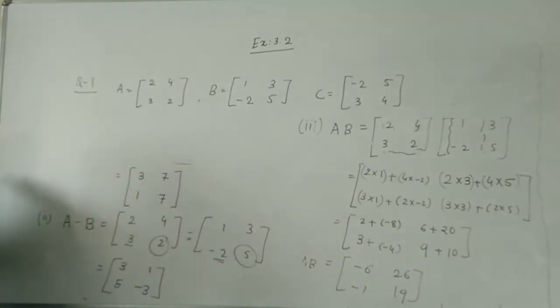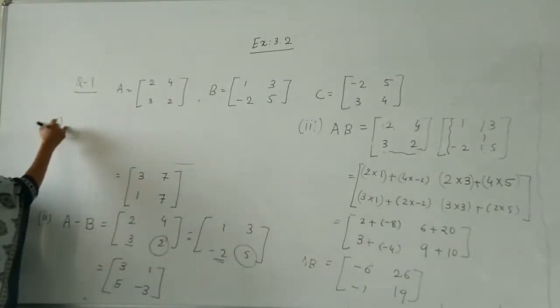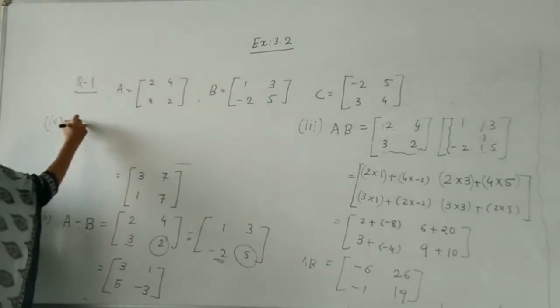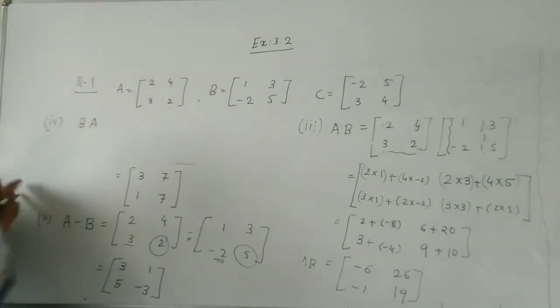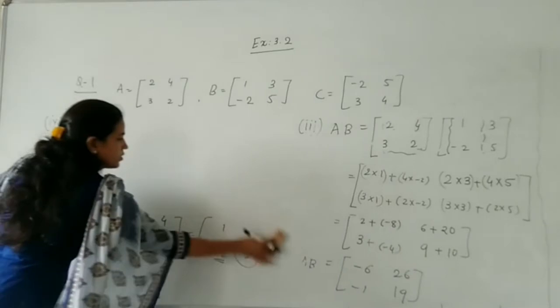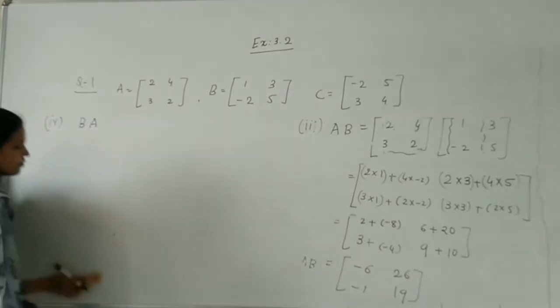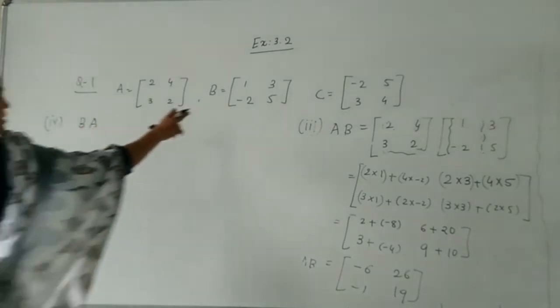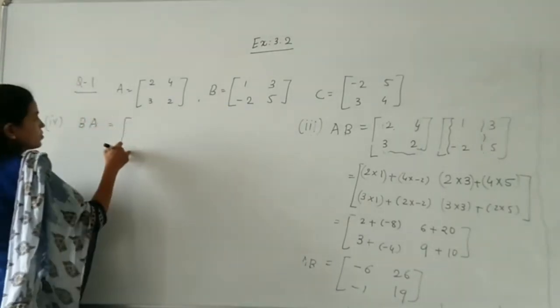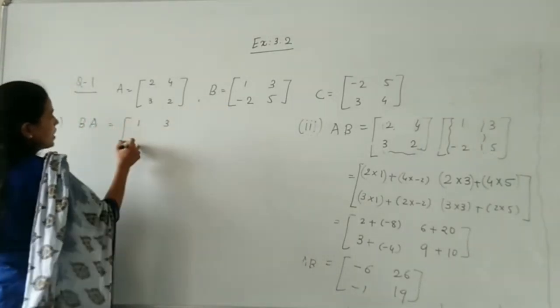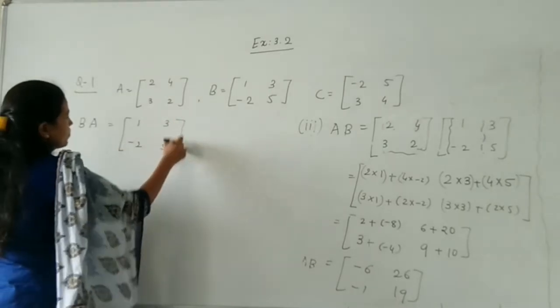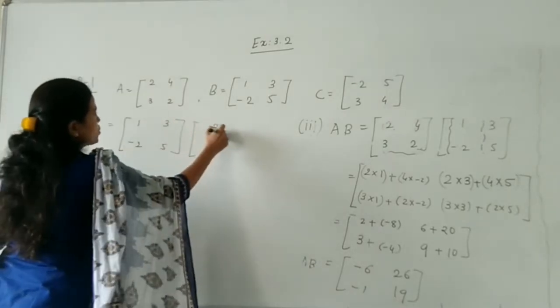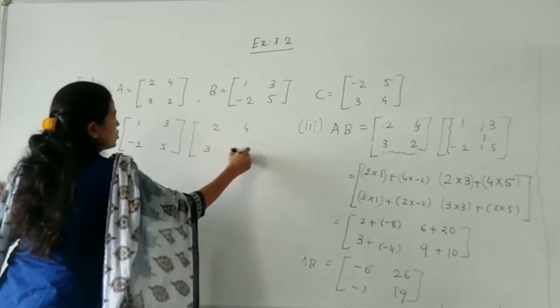In question number 1, the fourth part is we have to find out B into A. So let me start. Now B into A, that means the matrix B we have to write down first. It is 1, 3, minus 2 and 5. And A is 2, 4, 3, 2.